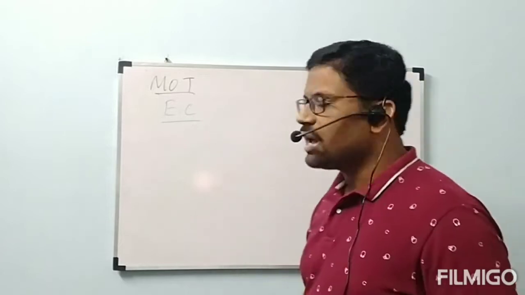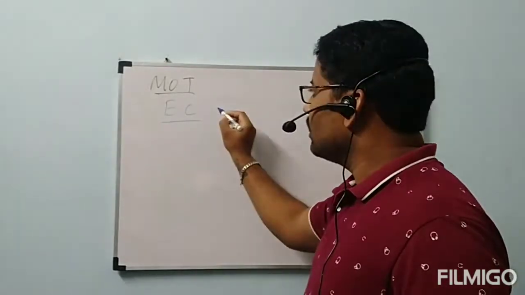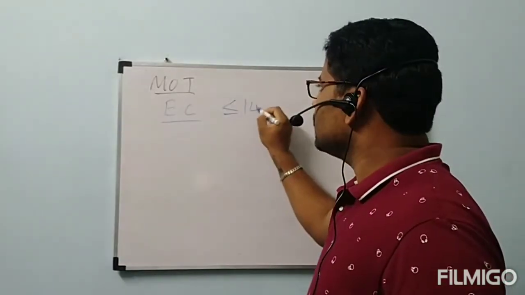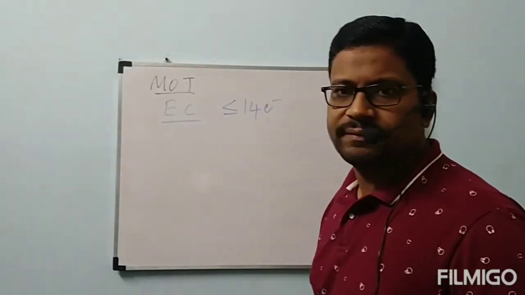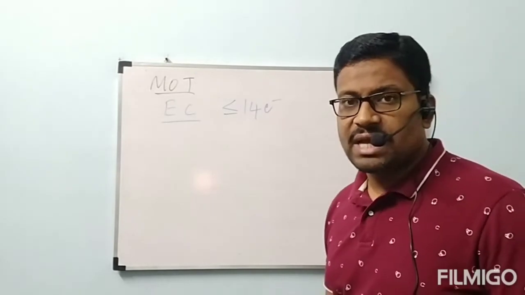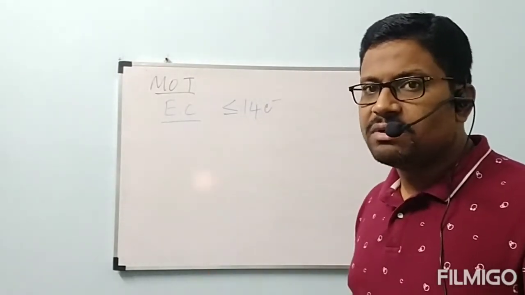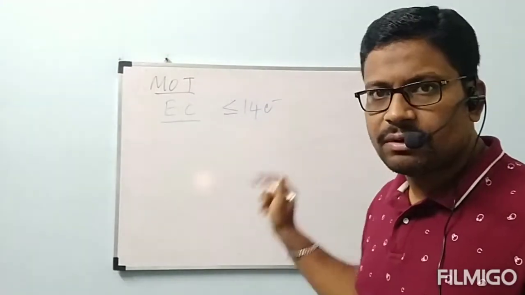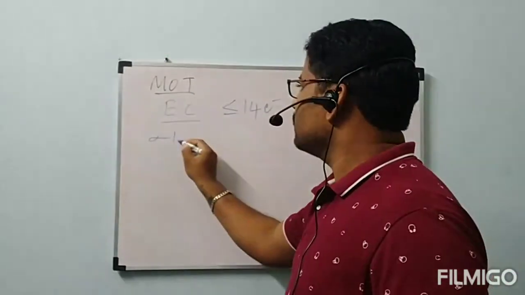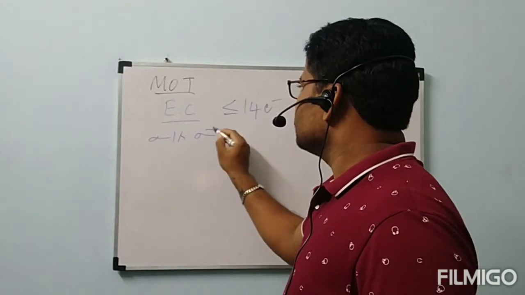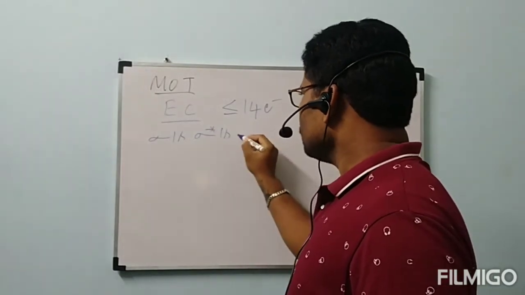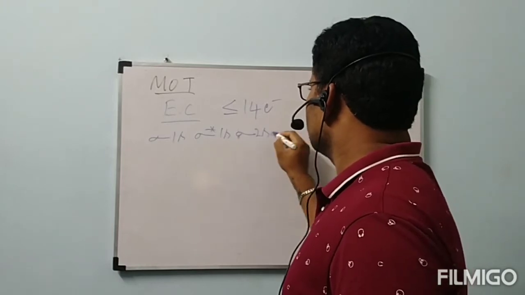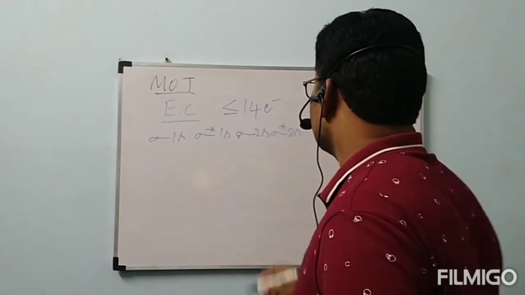First we have to see the electronic configuration for species which contain less than or equal to 14 electrons. A substance which has less than or equal to 14 electrons should follow the electronic configuration I am going to write now. That is sigma 1s, sigma star 1s, sigma 2s, sigma star 2s.